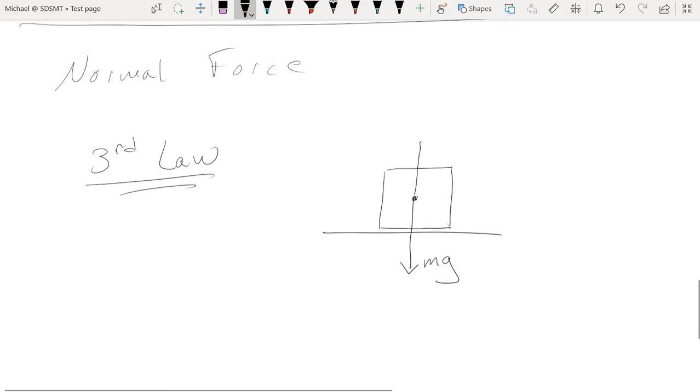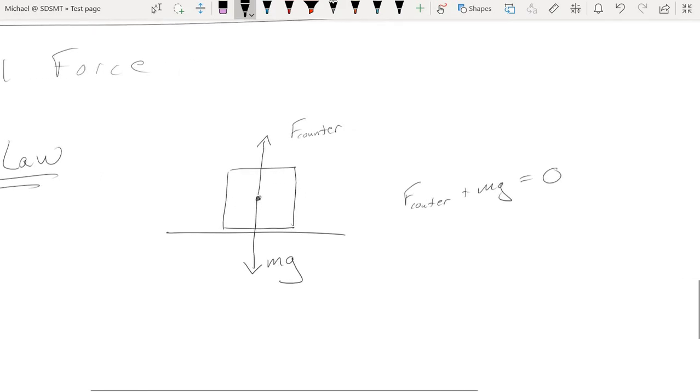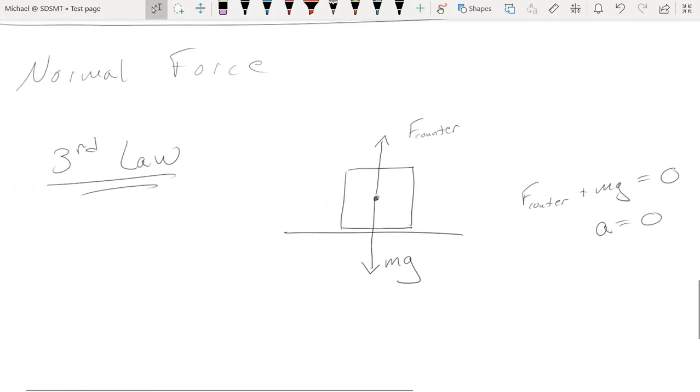So there has to be a counterforce here, and we were calling that force counter. And the first law says that if we add these two together and we get a net force of 0, then there will be no acceleration. So these are things that we already know, except now we're going to give a name to that counterforce.